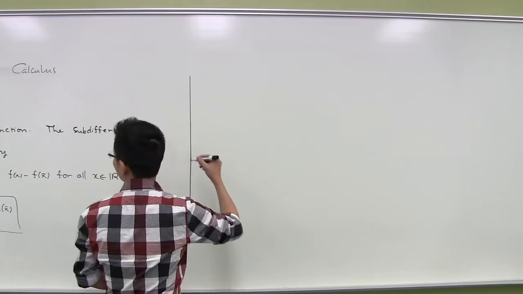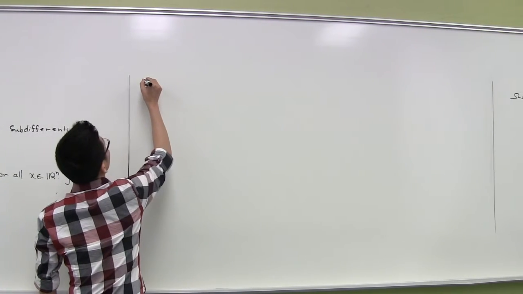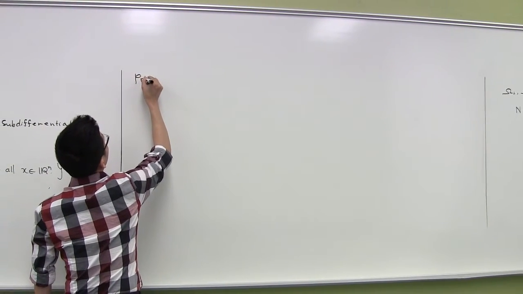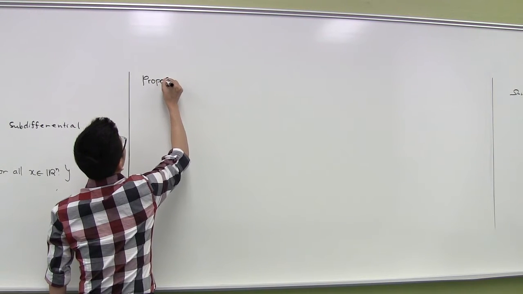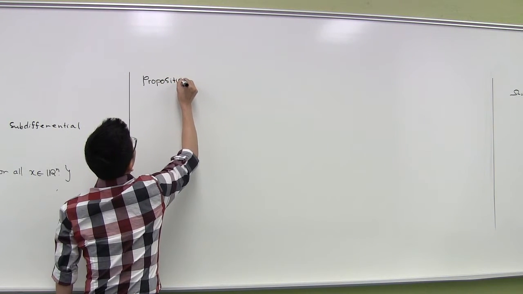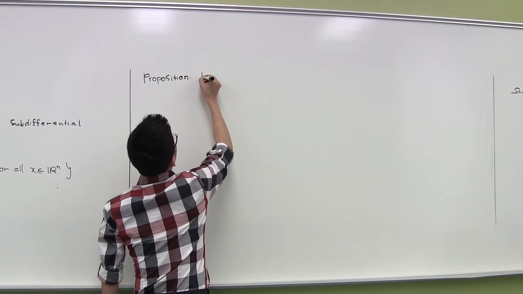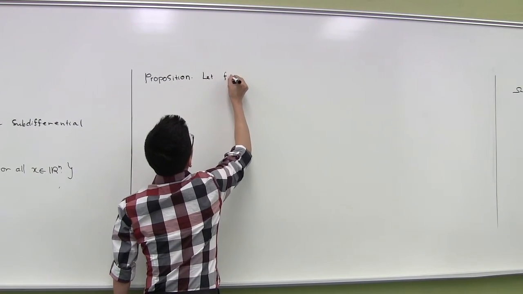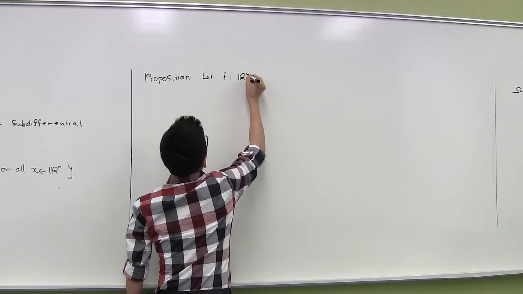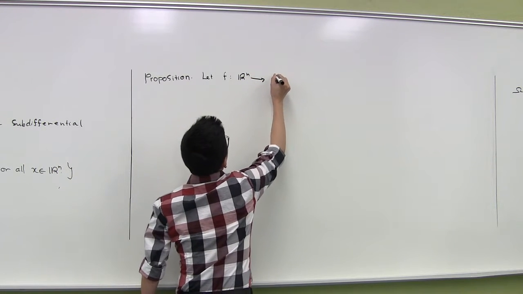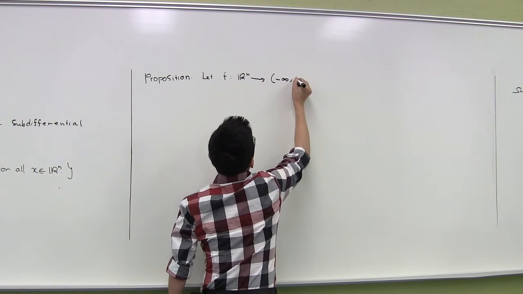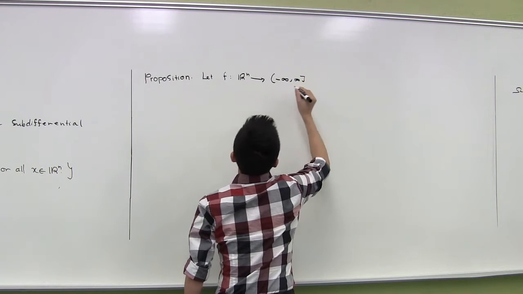Okay, so the proposition is as follows. Let f from Rn to the extended real line be a convex function.